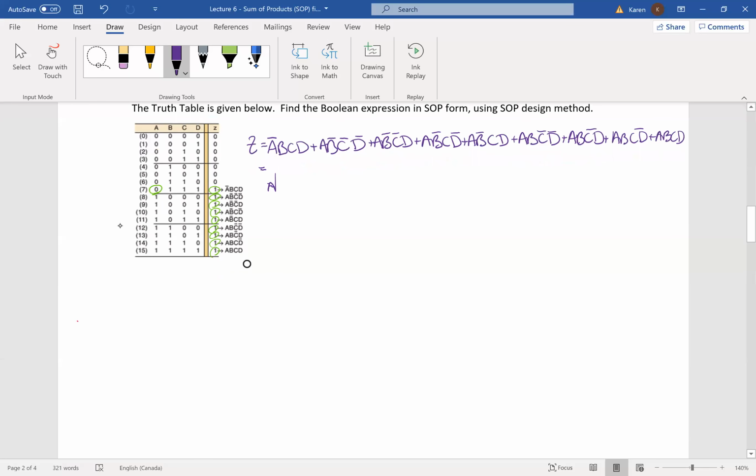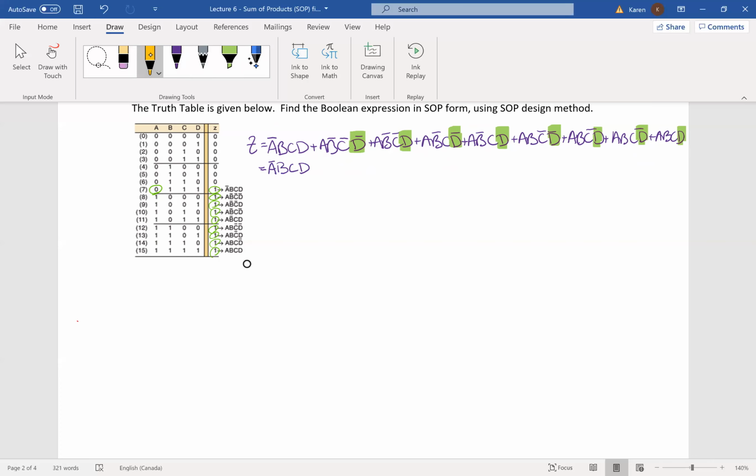I'm going to leave the first term the same, and I'm going to recognize that I have D inverted plus D in all of these.